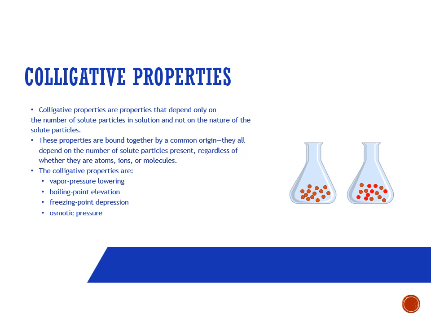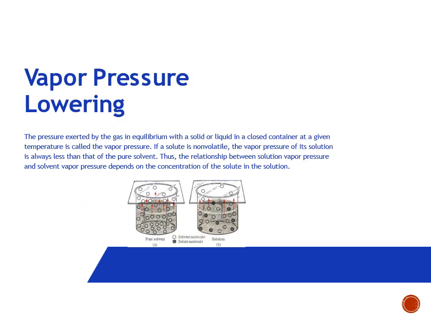So these properties are bound together by a common origin. They all depend on the number of solute particles present, regardless whether they are atoms, ions, or molecules. So the colligative properties are vapor pressure lowering, boiling point elevation, freezing point depression, and osmotic pressure.